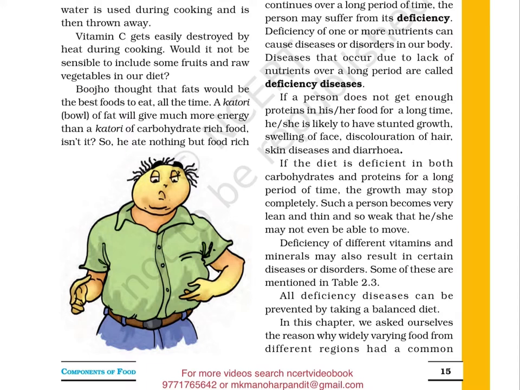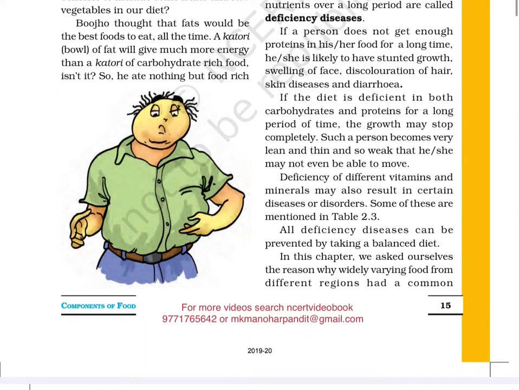Deficiency of different vitamins and minerals may also result in certain diseases or disorders. Some of these are mentioned in Table 2.3. All deficiency diseases can be prevented by taking a balanced diet. In this chapter, we asked ourselves the reason why widely varying food from different regions had a common distribution.